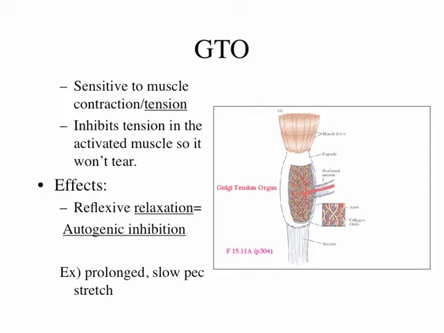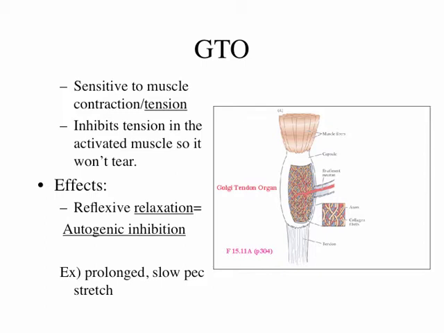So if we have too much tension taking place in a muscle, then it'll cause the muscle to react in a particular way, which is the reflex that takes place that's triggered by the Golgi tendon organ, and this is a reflexive relaxation. So if we fire a GTO, because there's too much tension building up in the muscle, it will inhibit the tension in the activated muscle so that it won't tear.